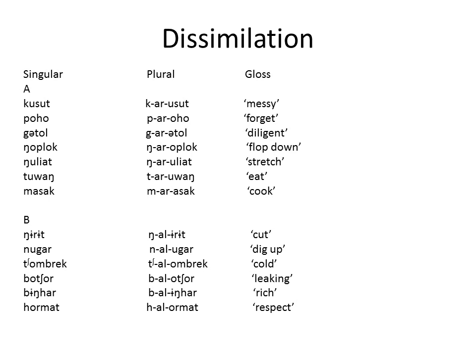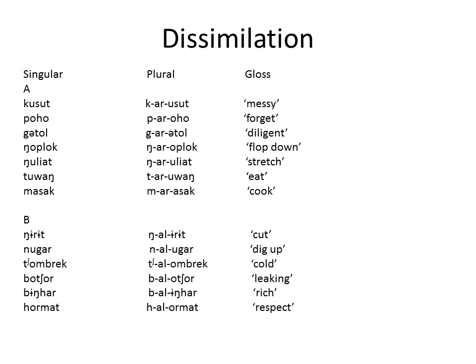In naruliat, it's followed by the lateral liquid and a stop. In charwan, it is followed by a glide and a nasal consonant. In marasak, the last consonant of the infix is followed by a stop consonant. In the data in B, al is followed by r.